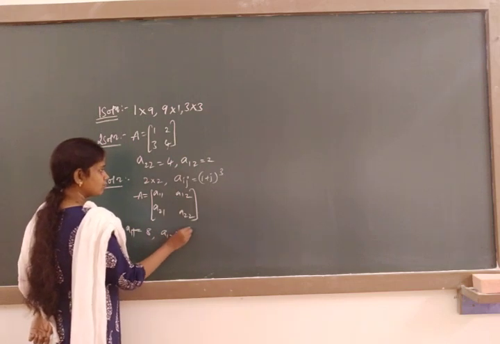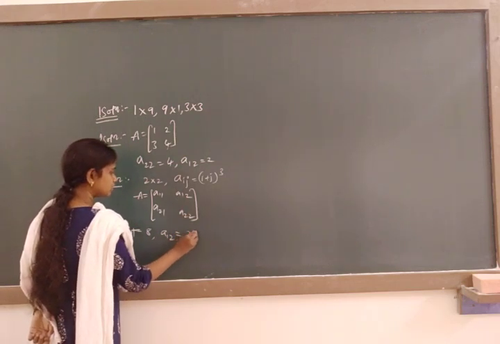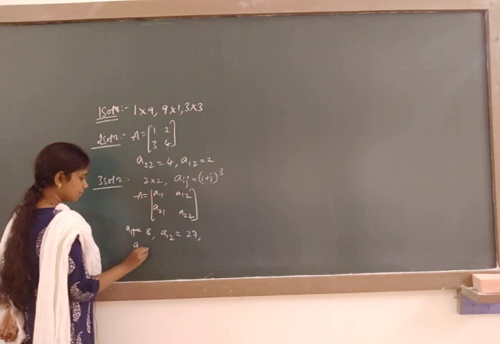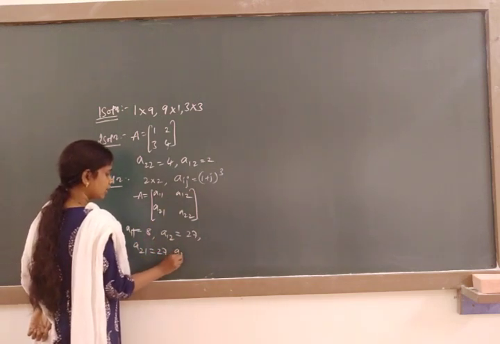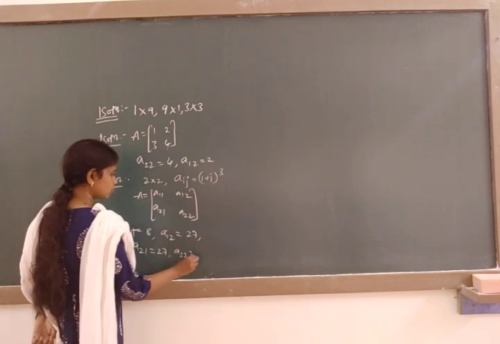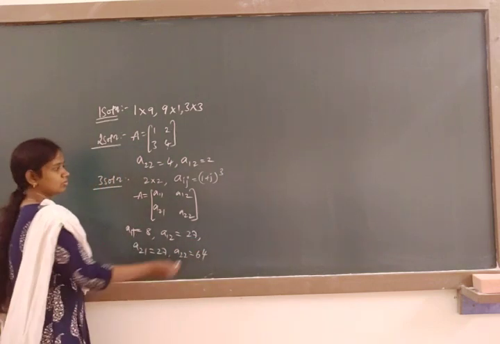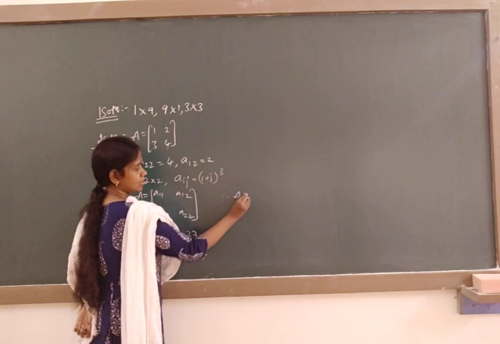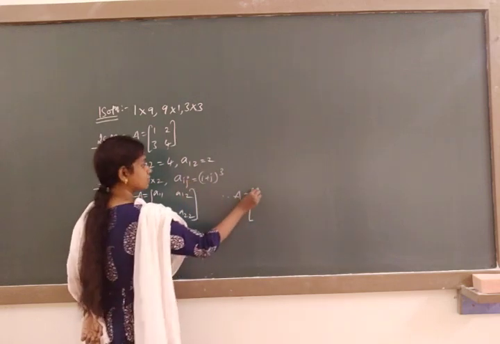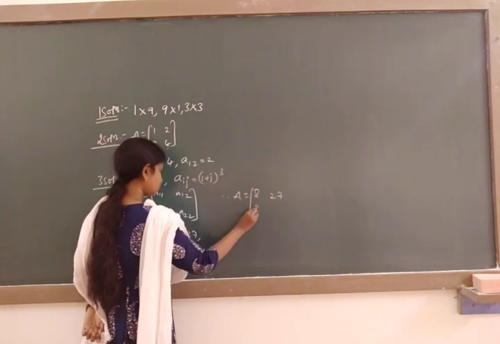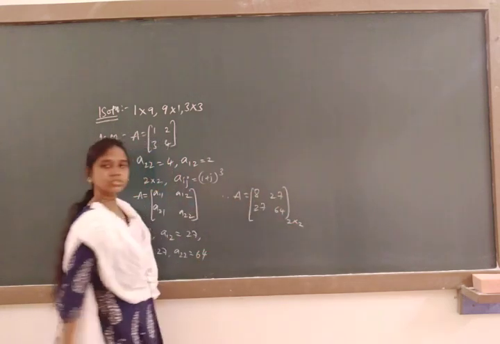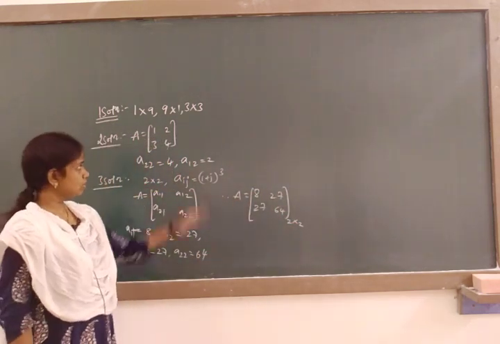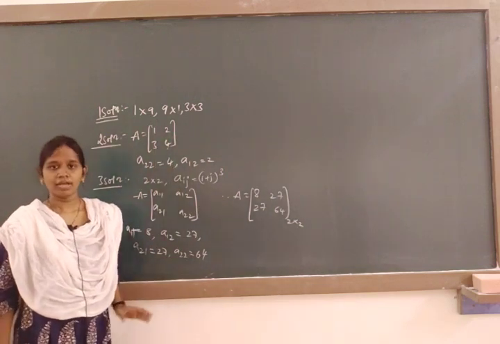A12 is 1 plus 2, 3; 3 cube means 27. A21 is 2 plus 1, 3; 3 cube means 27. A22 is 4 cube, which means 64. Therefore, capital A is equal to the matrix 8, 27, 27 and 64, with order 2 cross 2. So this is the assignment I had given.